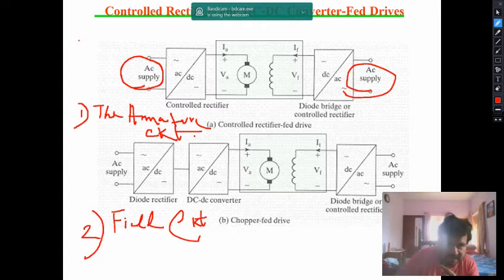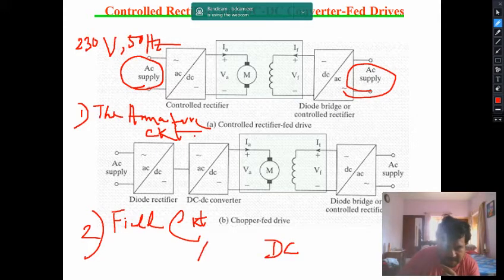If you say single phase, it is a 230 volt, 50 hertz supply. But the input accepted by the machine is DC.